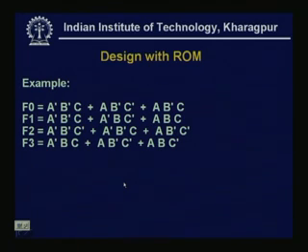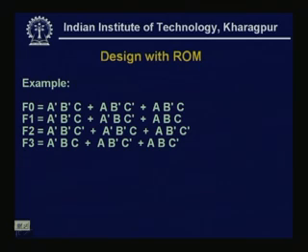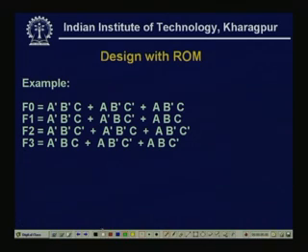Now, another array type of structure that is also programmable, that can be used for the logic design of combinational circuits, is nothing but a memory. So, we will see how memory can be used for logic design.